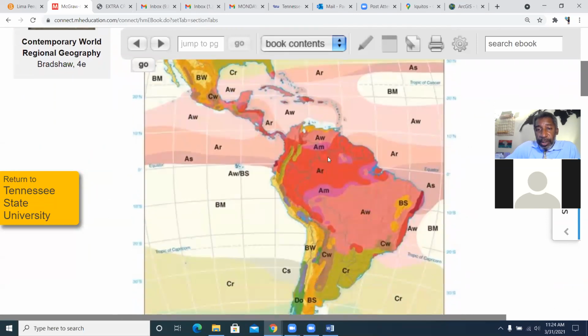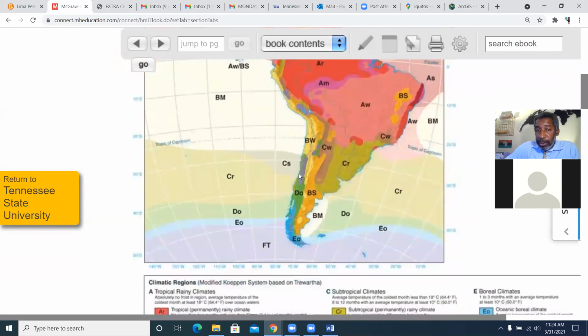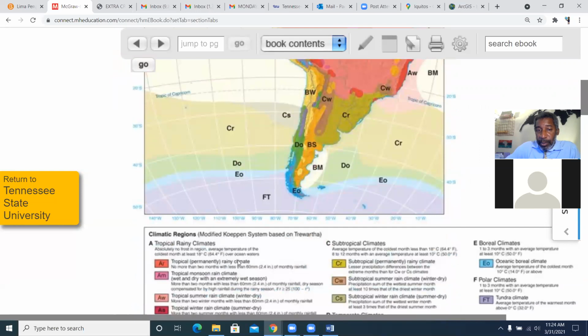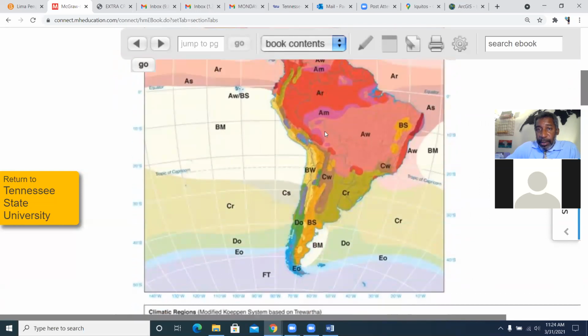However, if you notice, Iquitos, Peru is in the AR climate region, or tropical permanently rainy climate, and Lima is in the desert, BW climate.